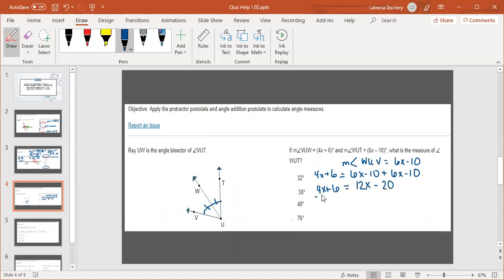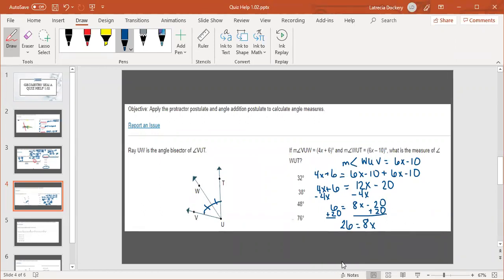Let's subtract 4x from both sides. That leaves us with 6 equals 8x minus 20. Add 20 to both sides. That leaves us with 8x equals 26. Did I do this correctly?